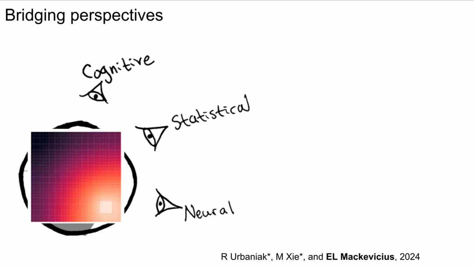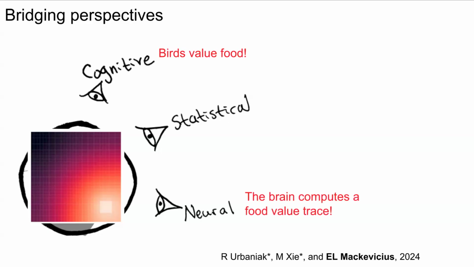So in the cognitive perspective, if this is a map of an environment where this is a value function, so there's food here, and value diffuses there, you might say birds value food. And from a neural perspective, you might say the brain computes a food value trace.